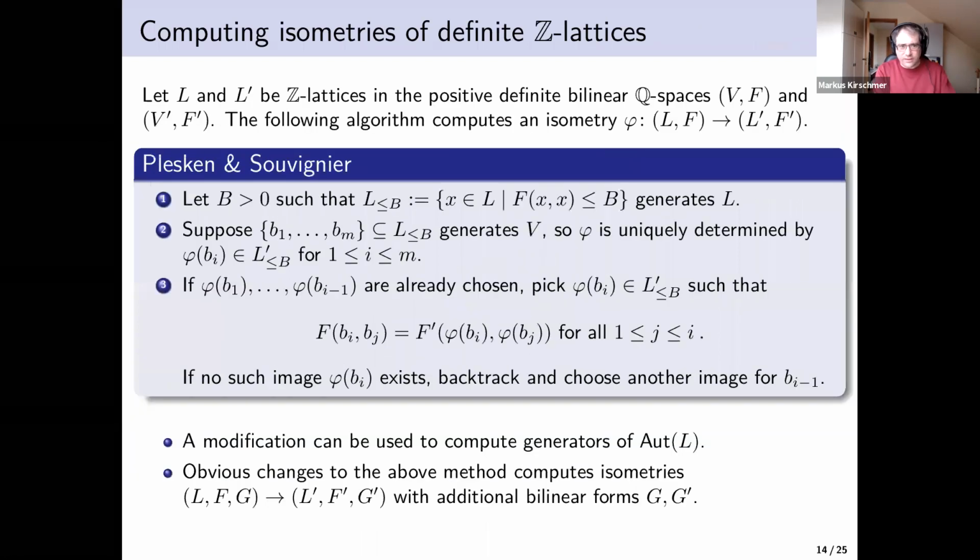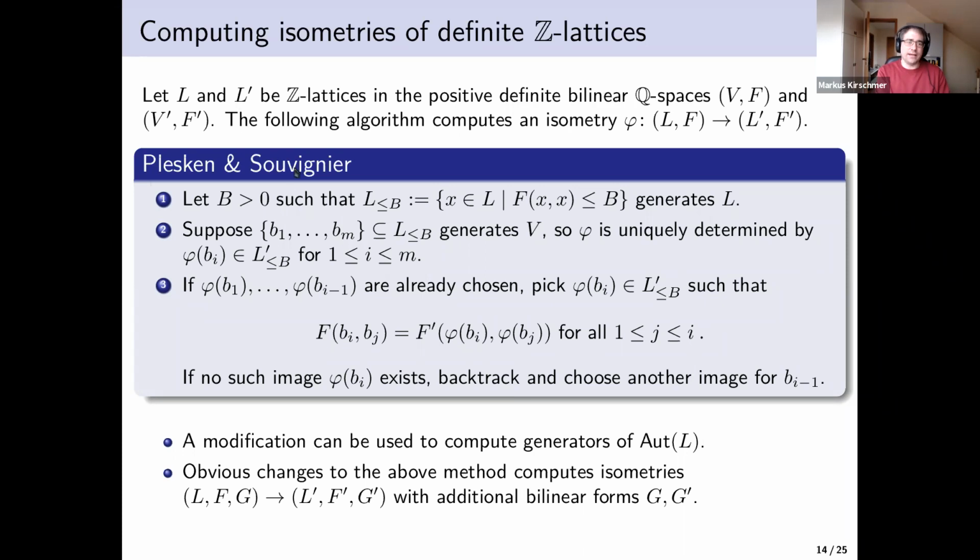Now, for the second problem, the question is, how do we compute isometries of lattices? I don't want to go through the details, but the idea is the following. Let's just forget that we're talking about Hermitian lattices. So suppose we are now talking about positive definite bilinear spaces over the rationals, just like in linear algebra.